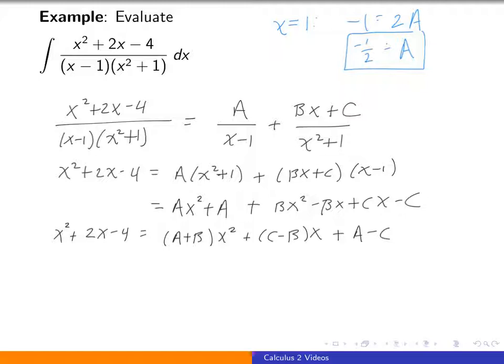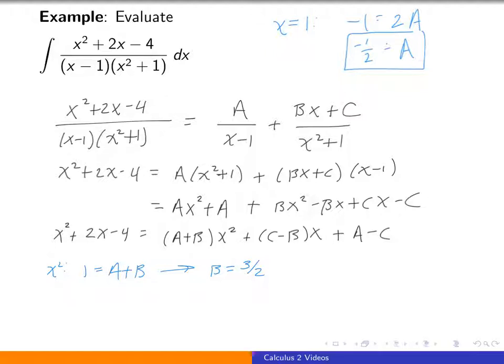So let's see here, in terms of the x squared coefficients, we have 1 on the left and a plus b on the right. Since a is equal to minus 1/2, that implies b is equal to positive 3/2.